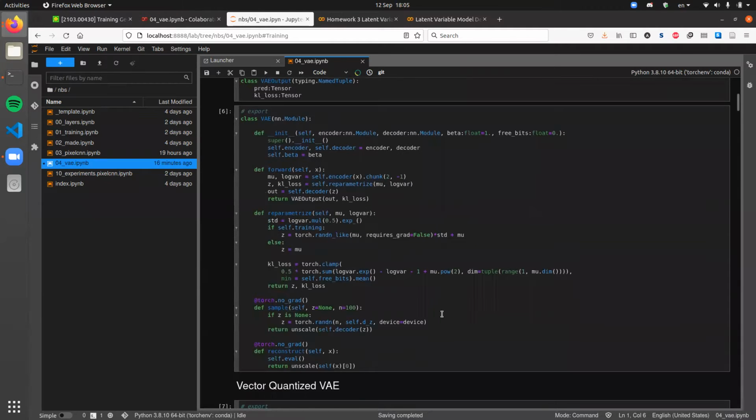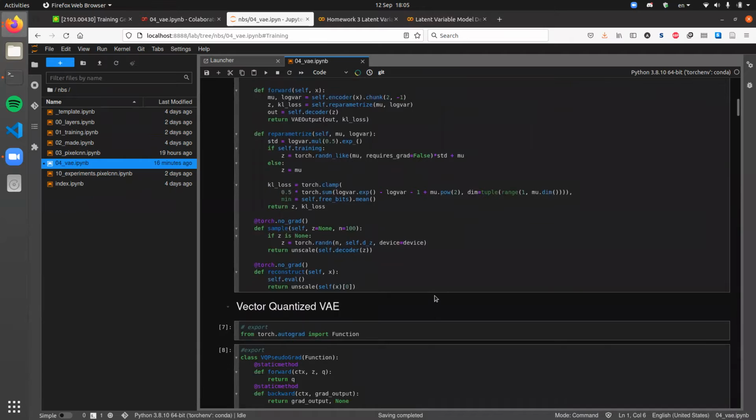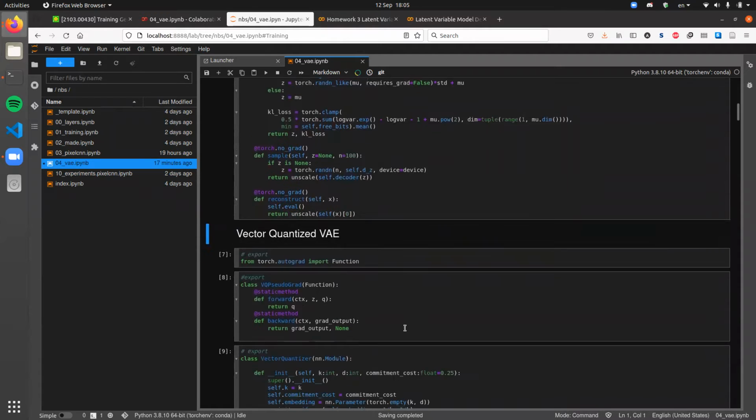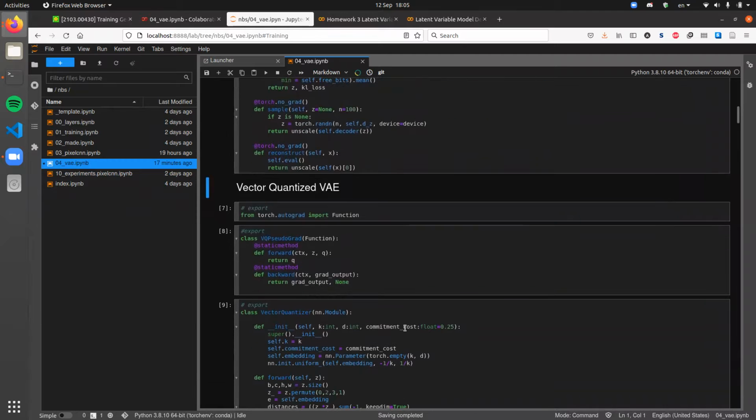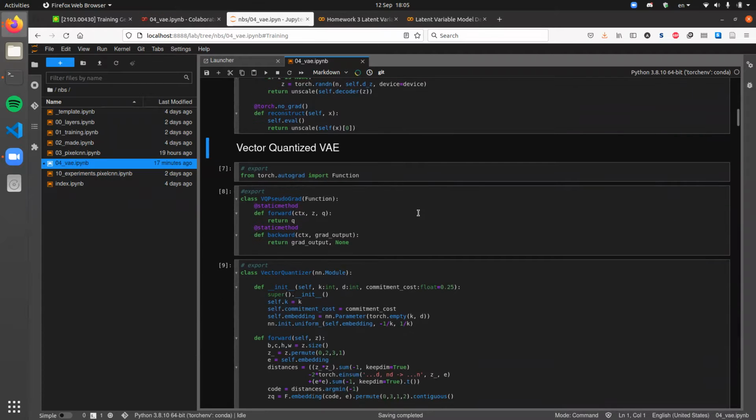Last time we left off on VQVAE, that's vector quantized autoencoder. And today we will go through the details of how you implement that.